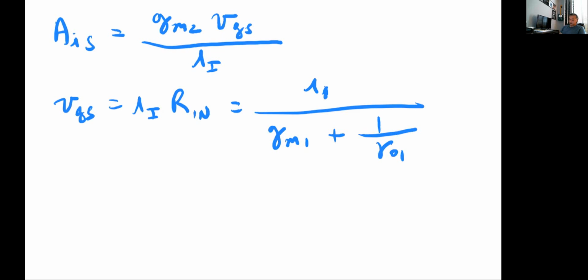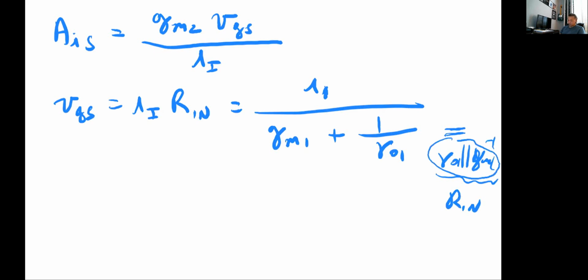So you can see that this is ro1 in parallel with 1 over gm1, the inverse of that, okay?